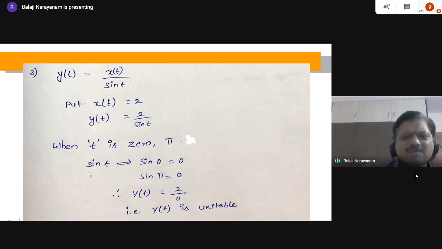Also sine pi value is 0. So the moment the denominator becomes 0, the output y of t value becomes infinite and it is an unbounded output. Hence we may conclude that the output is unbounded, and that the system is unstable.